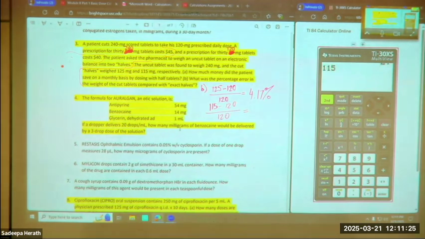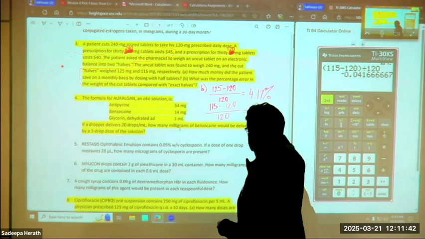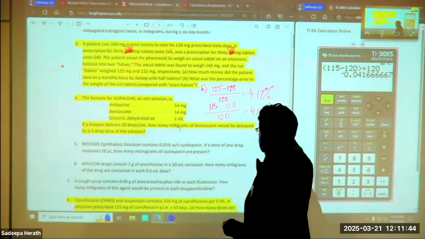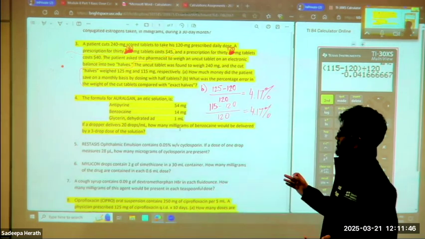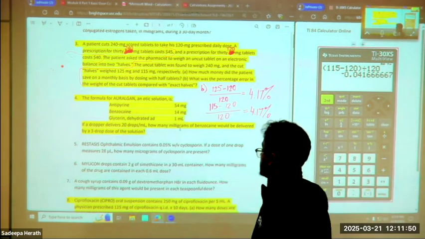Now, you're going to expect a negative number, but just for the purpose of percent error, you want to keep it as a positive number, 4.17%. So it's the same thing. And okay, so that's number 3.